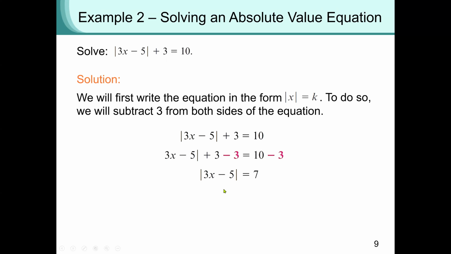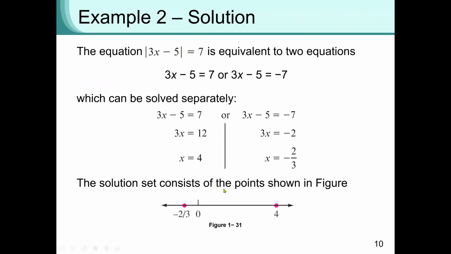That was the definition we learned. So this means the absolute value of 3x minus 5 equal to 7 is the same as writing 3x minus 5 equal to 7, or 3x minus 5 equal to negative 7, because whether the solution is positive or negative, we get 7, two options.